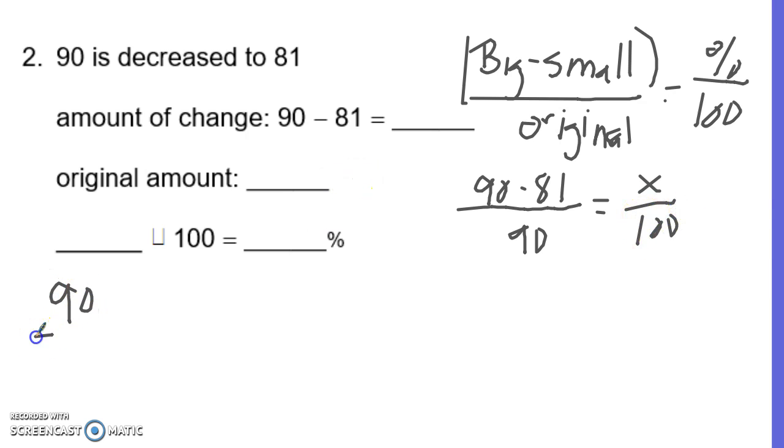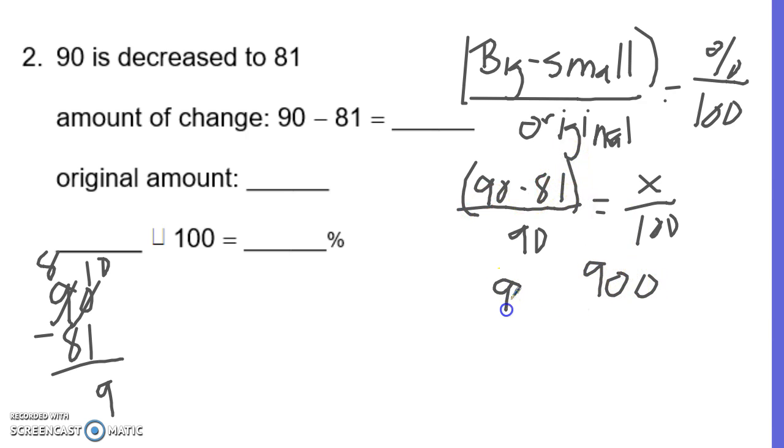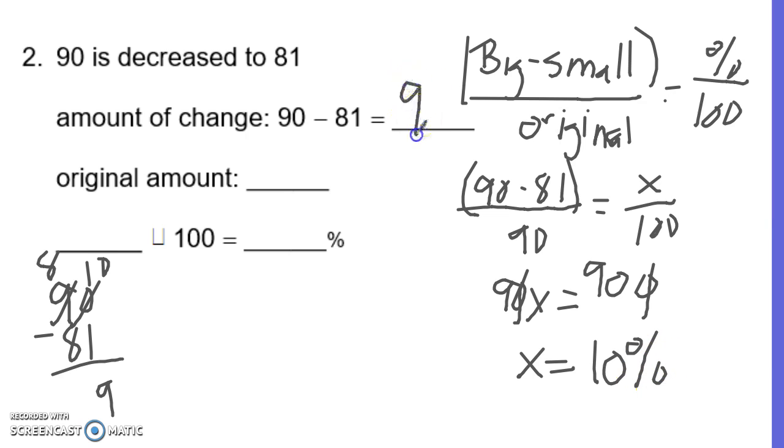So I'm going to subtract 90 minus 81. I'm going to get 9. 9 times 100 is 900. Then I'm going to divide by 90. When I divide by 90, I can cancel out some zeros. 90 divided by 9 is 10%. So if you want to fill in some stuff, you could say 9, 90, and 10%.